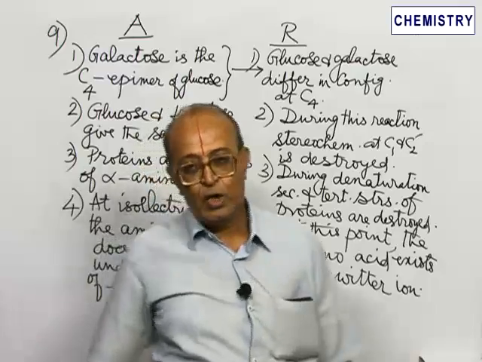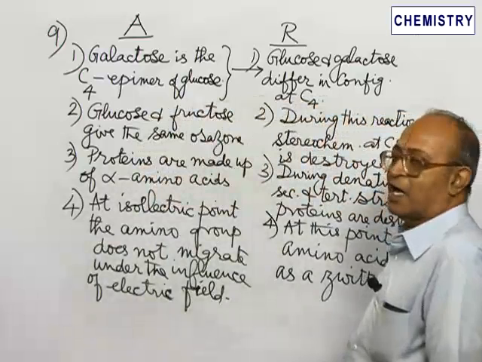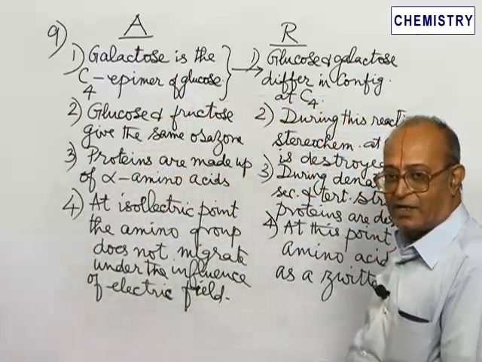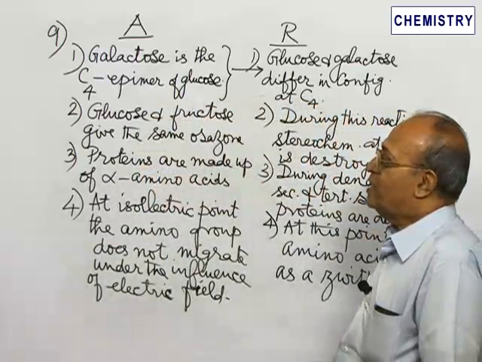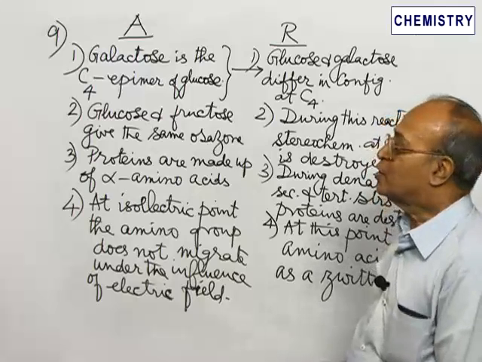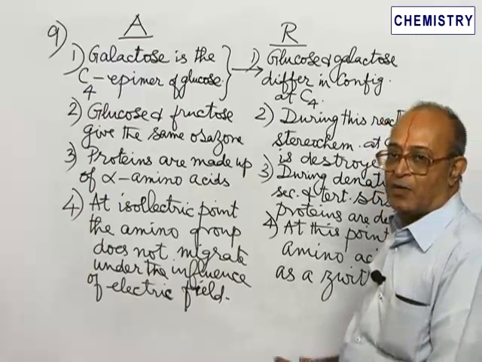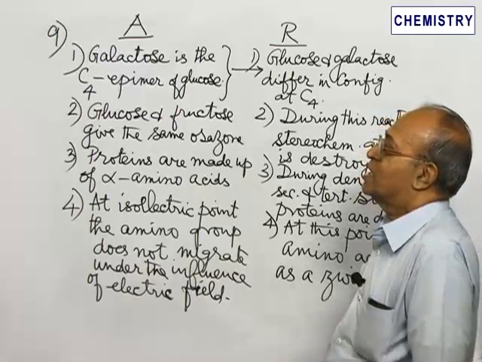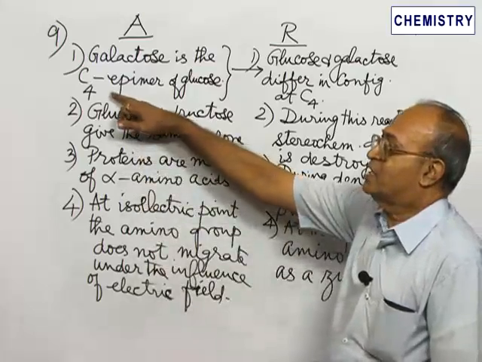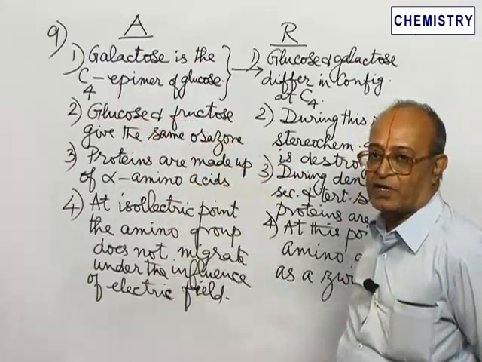Just like glucose and mannose differing in the configuration at the second carbon, we find here glucose and galactose can be called epimers because in these two cases the configuration around carbon number 4 will be different.